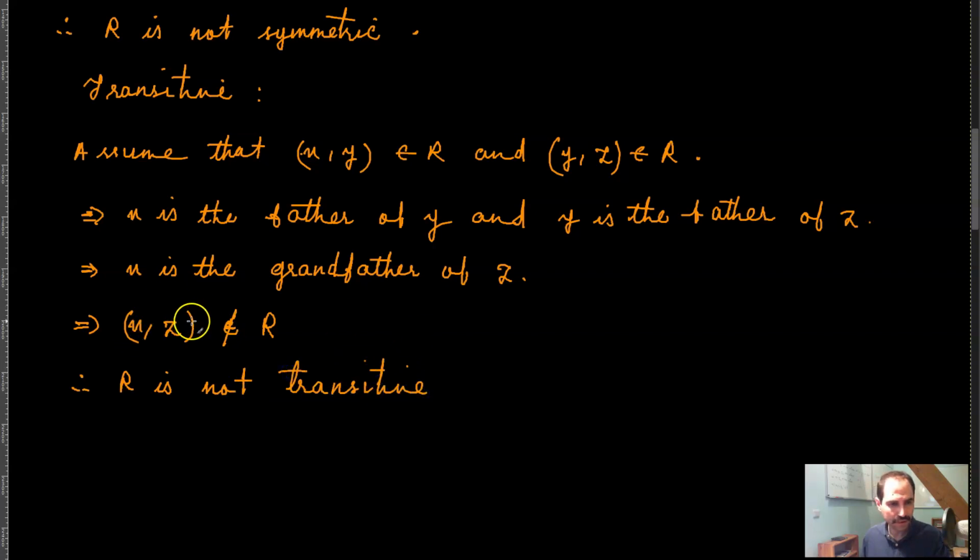In order for x comma z to belong to R, x has to be also the father of z, which is not the case. Okay, so that was question number 1.